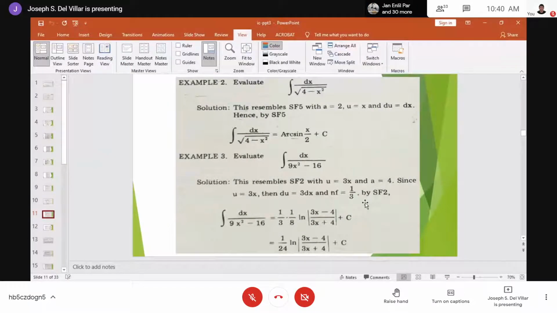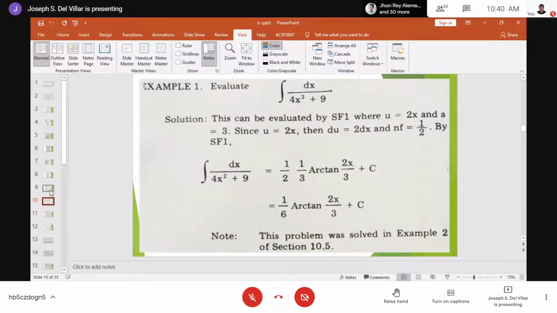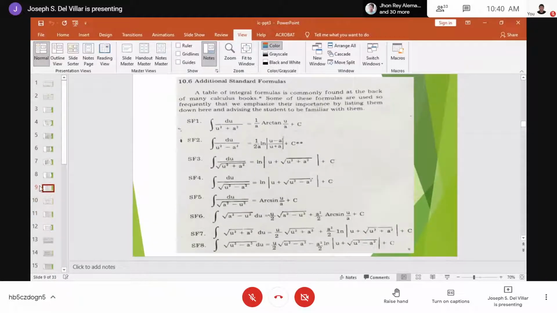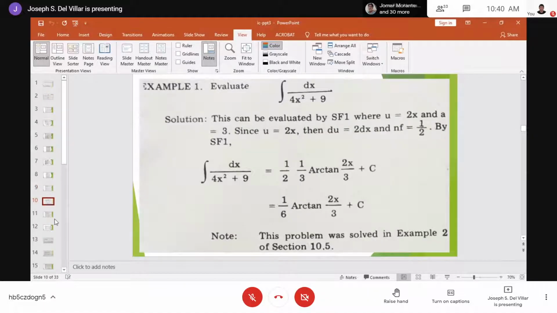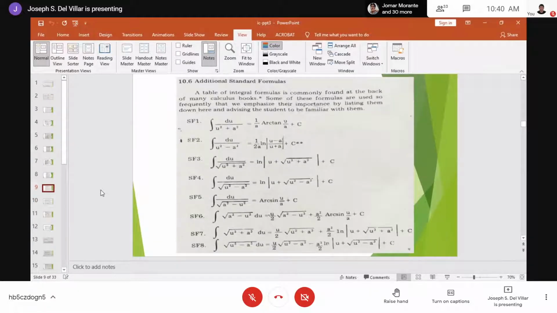Let u be equal to 3x, du is 3dx. So balance that and then apply the formula, because only the standard formulas were used here. Okay, so this is number 1. What was the given?